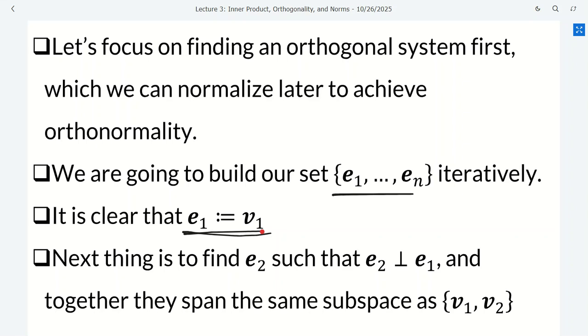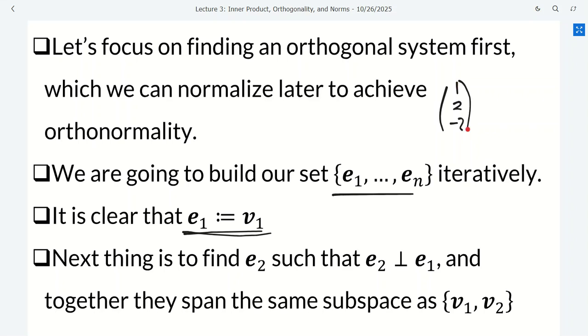So E1, you just write E1, which is equal to, or we are defining E1 as V1. Now what I want you to do is find the orthonormal basis for V1. We saw V1 as (1, 2, -2), right?